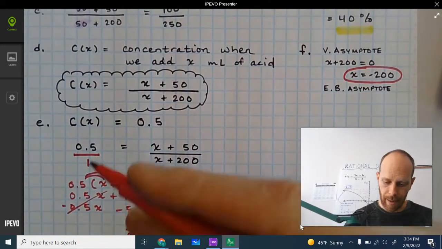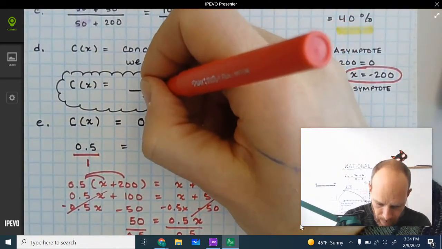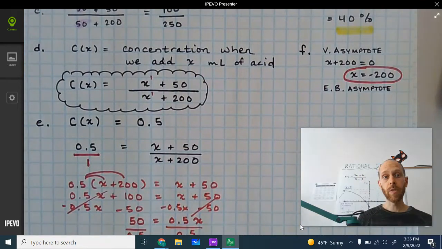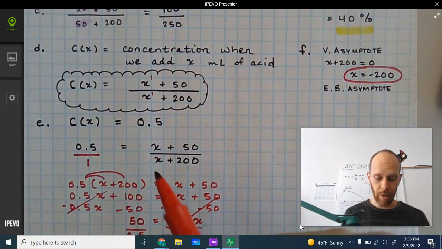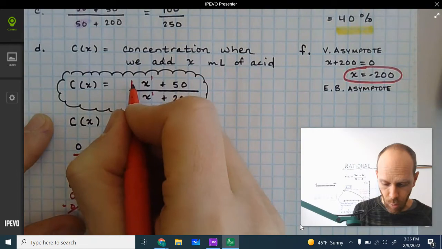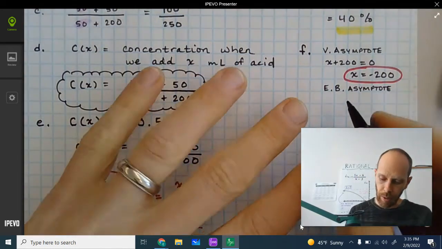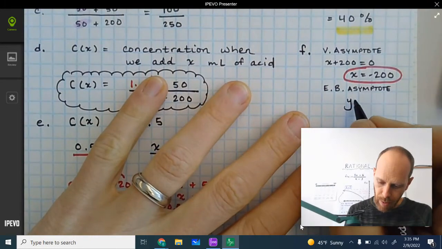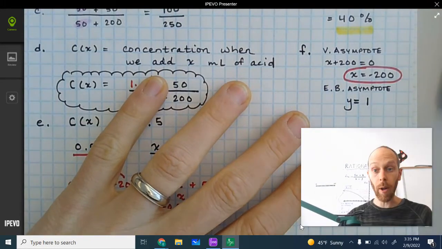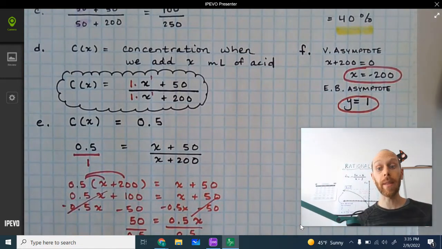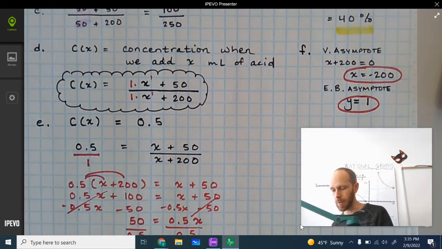Notice that x is our variable, and the degree is the same on x here and here. So we know that in that situation, we want to look at our leading coefficients, which are 1 and 1. So we would conclude that our end behavior asymptote is y equals 1. And that is going to be meaningful when we look at the next part of the problem.